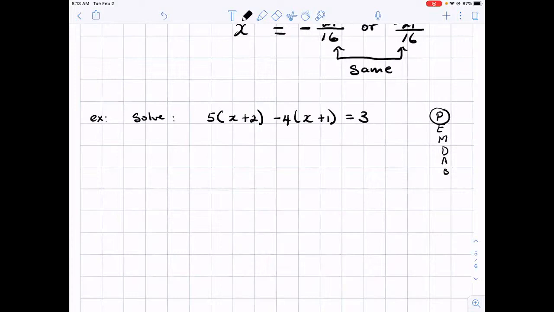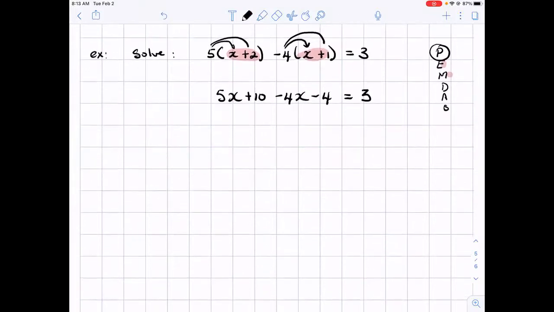So always look inside the parentheses first. Is there anything in here for you to simplify, meaning like terms for you to combine or anything like that? And if there isn't, then you go down your list. There's no exponent, so we move to multiplication. So 5 times x becomes 5x. 5 times positive 2 becomes positive 10. Minus 4 times x becomes minus 4x. Minus 4 times 1 becomes minus 4. And that's equal to 3.